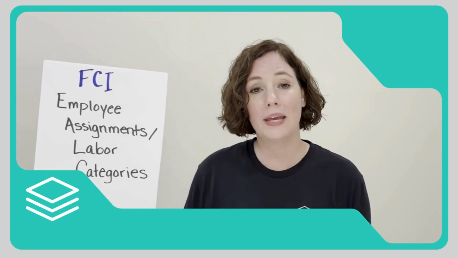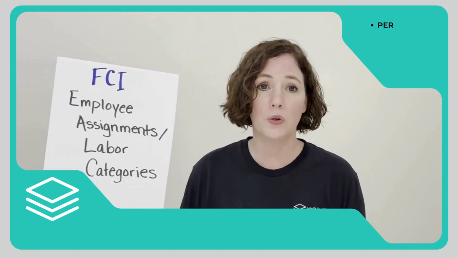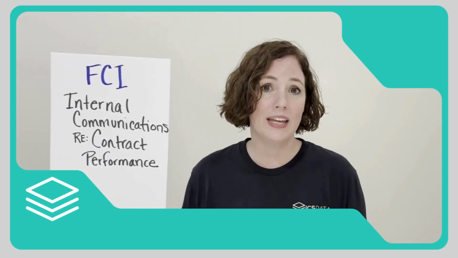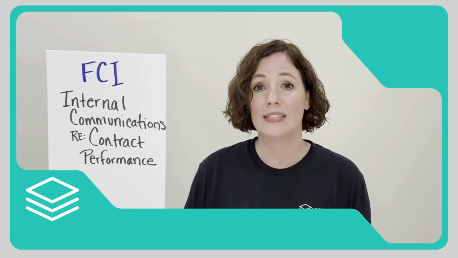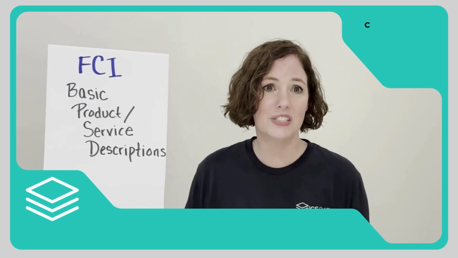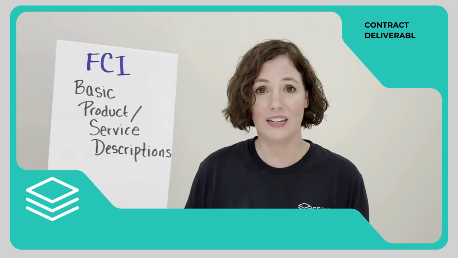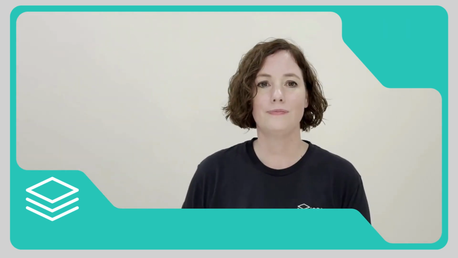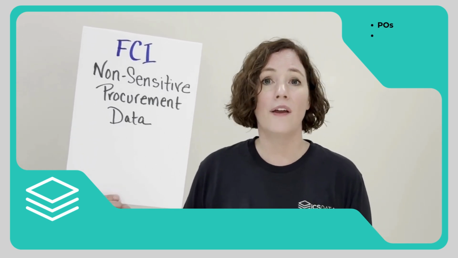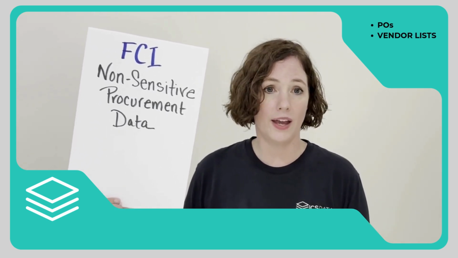Employee assignments or labor categories that identify who is working on the contract and their roles. Internal communications about contract performance, such as emails or memos discussing progress or issues. Basic product or service descriptions of what is being provided under the contract. Non-sensitive procurement data, such as purchase orders or vendor lists used to fulfill the contract.